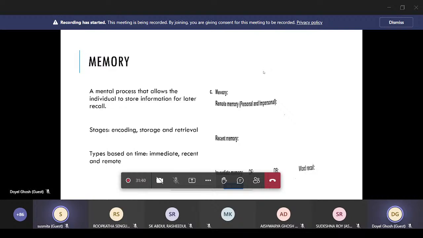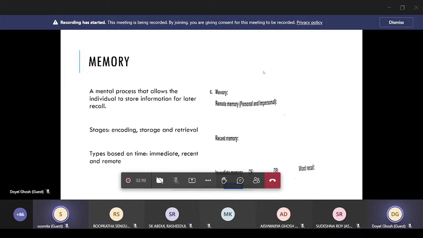So we will see if the person is able to store whatever information he or she is having, and being able to retrieve that whenever needed. Appropriate retrieval of the information. And based on the time we assess it. We assess it through remote memory testing, recent memory testing, and immediate memory testing.